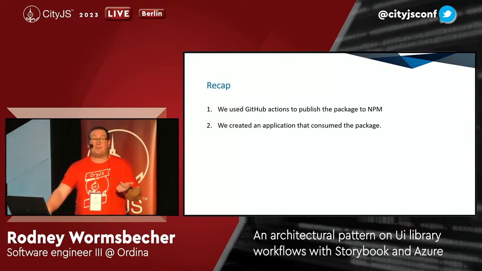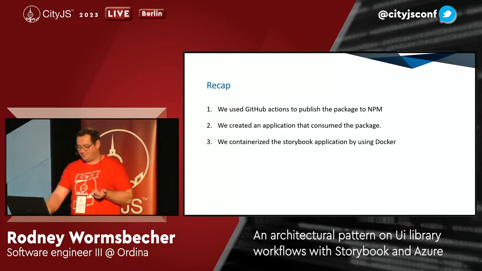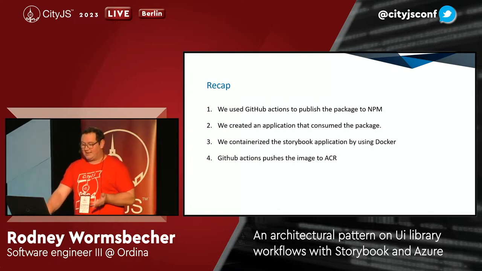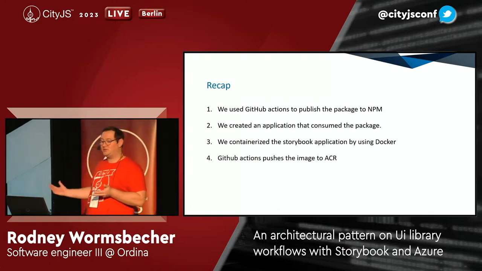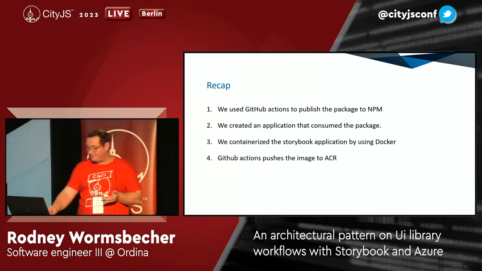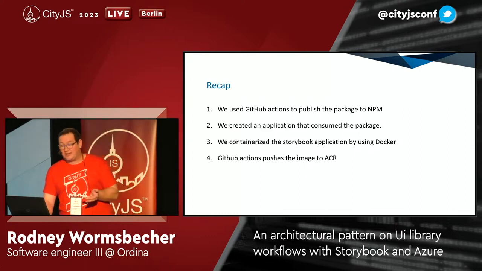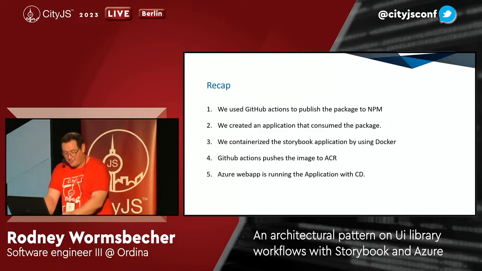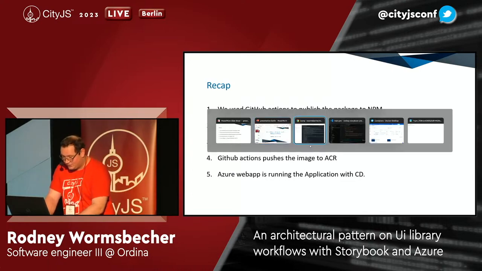We created the application that consumed the package. We containerized Storybook by using Docker. And GitHub Actions will actually push it to NPM as well as your container registry. Last but not least, and that's all we still have to do, it's running on a web app automatically. So now it should be done.